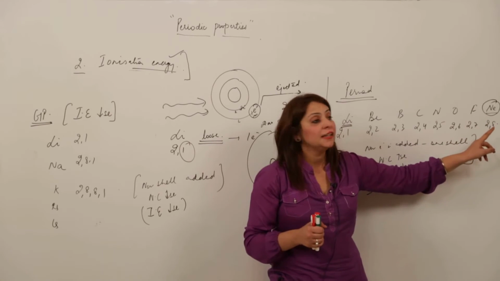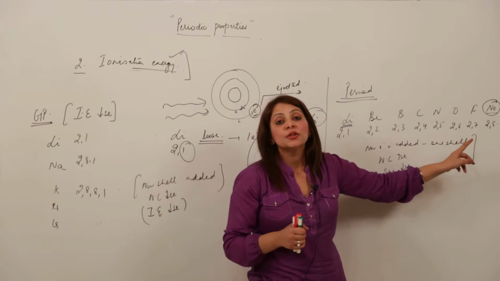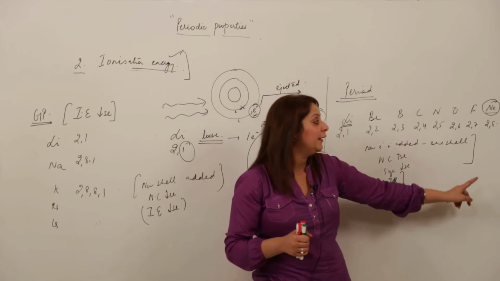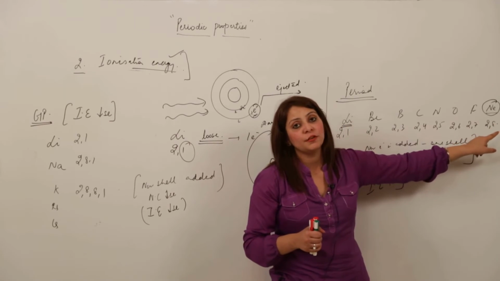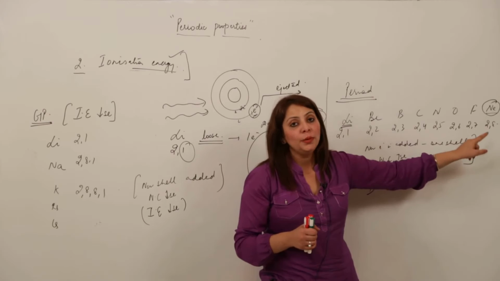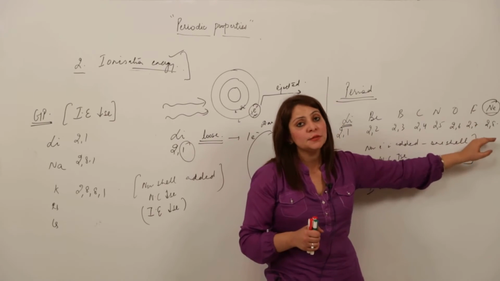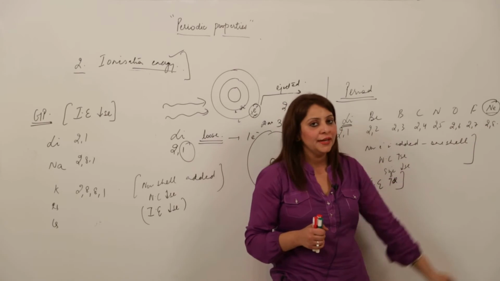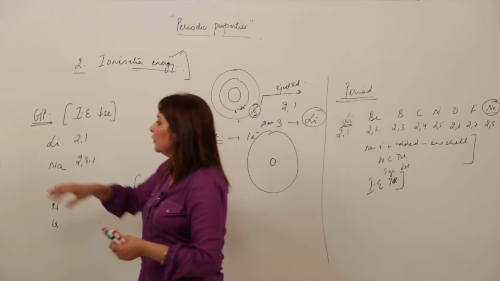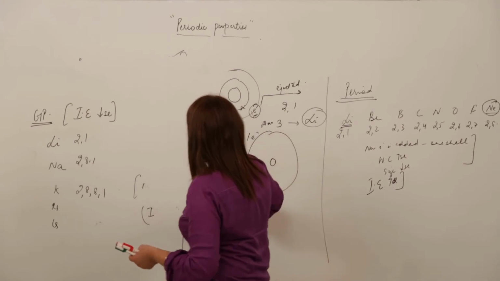That means there is an exact balance between the electrons and the nuclear charge. So greater energy is required to disturb the stability of neon. That is why the ionization energy is maximum in noble gases and they are maximally stable, right? So we are taking into consideration the third property, that is electron affinity.